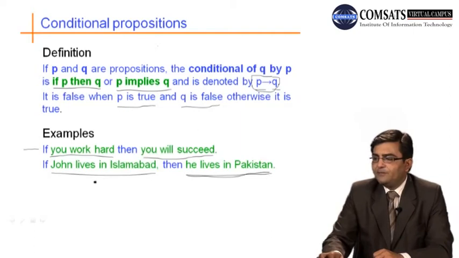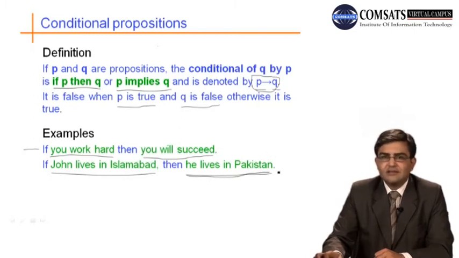But if we say that if John doesn't live in Islamabad and we say that he lives in Pakistan, then again this conditional statement will be true. If John doesn't live in Islamabad, he may live in Peshawar, Rawalpindi or any other city of Pakistan. Again this conditional statement in this case will be true.